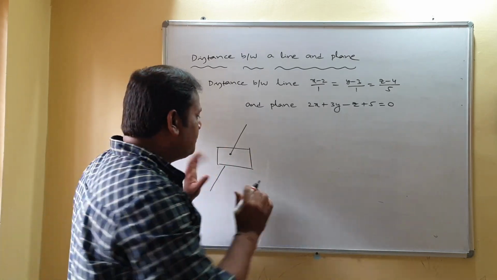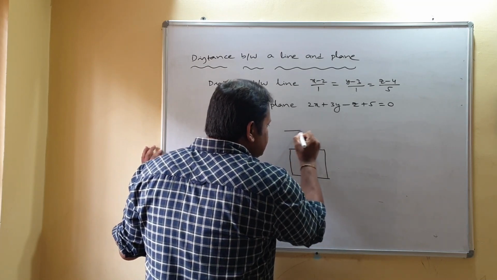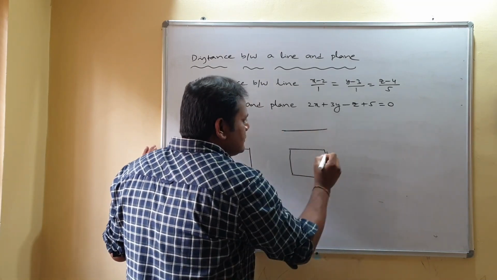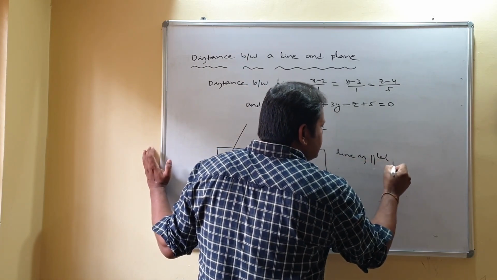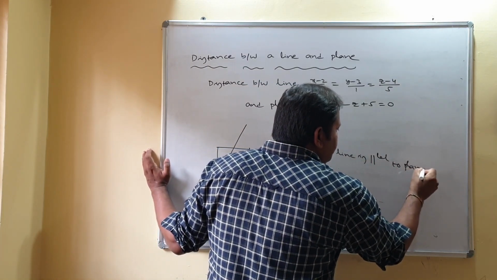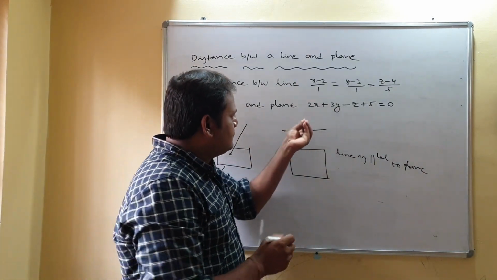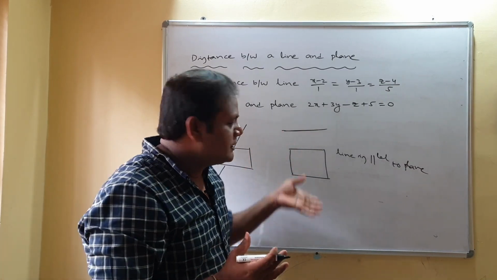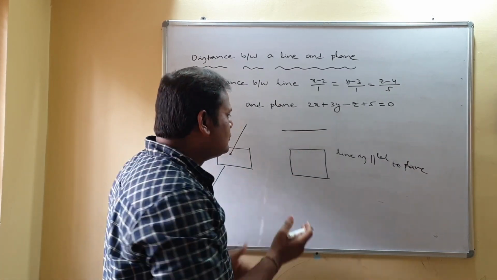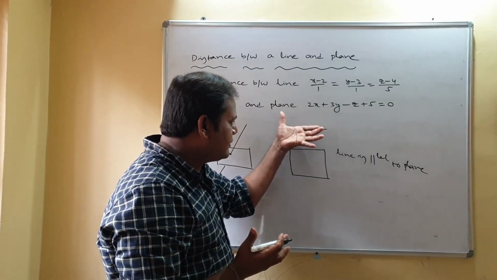But if a line is parallel to plane, then there exists some distance between line and plane. That is also the perpendicular distance between line and plane.